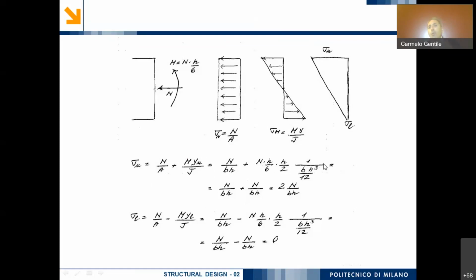Afterwards, I have to introduce, sorry, just 1 over the moment of inertia of the cross section, so 1 over b h cubed over 12. So very easily, it is possible to simplify this with this.